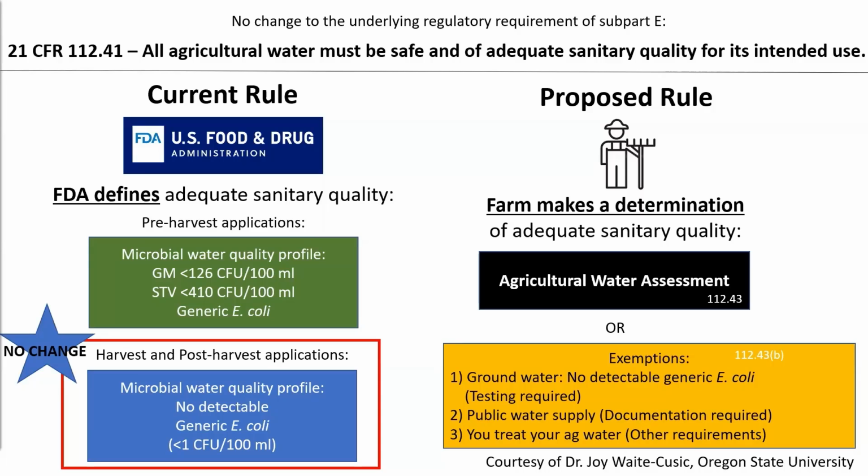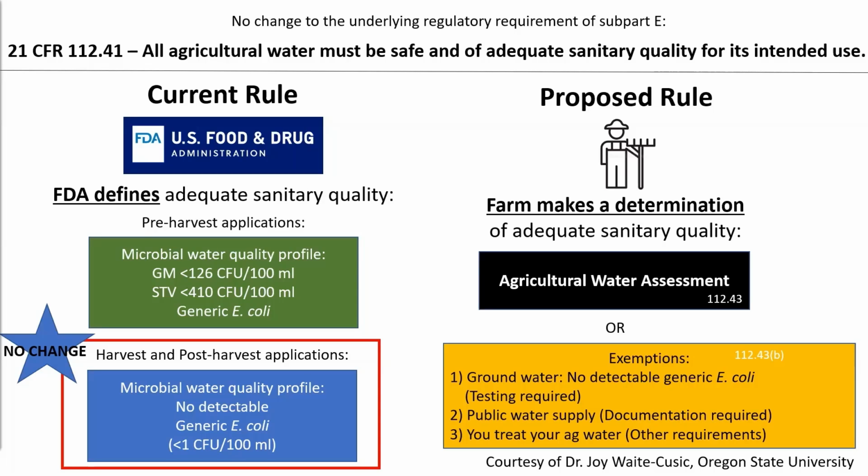There are some exemptions to that assessment. One is if you're using groundwater. So if you're using a well water source, for example, and you test that water and you have no detectable generic E. coli, then you don't have to do that assessment. You do, of course, have to test your well water to make sure you meet that criteria. You're also exempt if you use a public water supply.